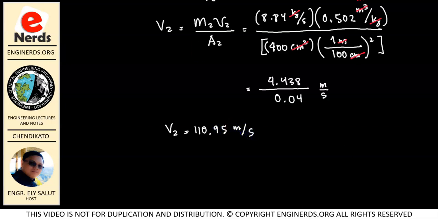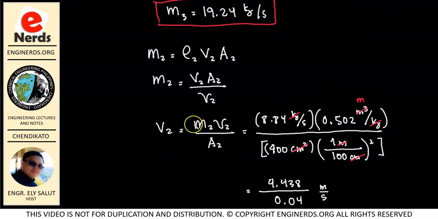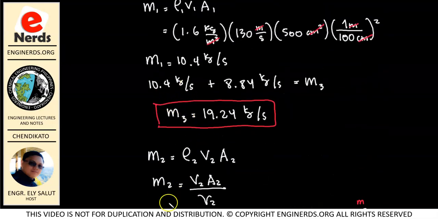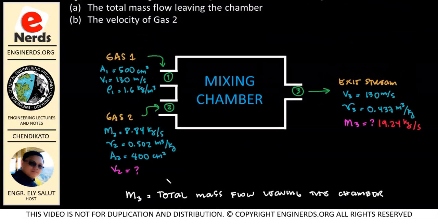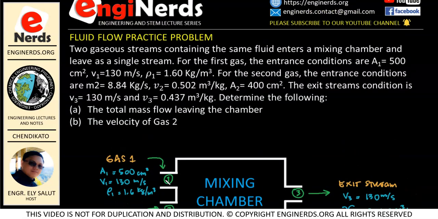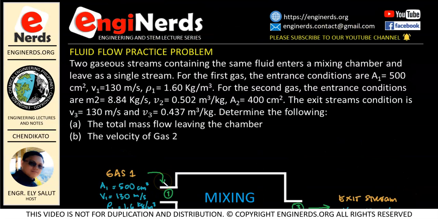So, this is our final answer here. Nakuha na natin yung velocity ng ating fluid in stream 2. Nakuha na rin natin yung mass ng ating mixed gases. So, this is how we solve problems similar to this, no? Applying yung mga natutunan natin sa basic equations ng fluid flow.